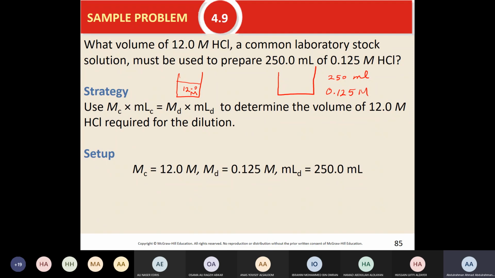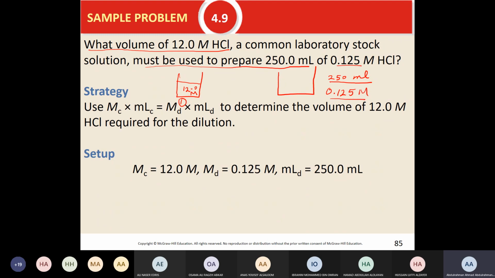Let's read the question one more time. What volume of 12 molar HCl? So I have a solution in which the concentration is 12 molar. I want to prepare another solution, the volume is 250 milliliters and the concentration is 0.125 molar.